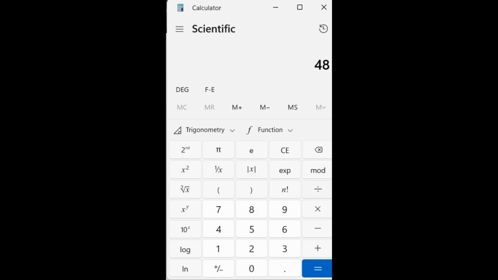So it's 48 divided by 2, and then a left parenthesis, 9 plus 3, put the close parenthesis, and hit equals, and we get 288. So that does confirm our order of operations answer.